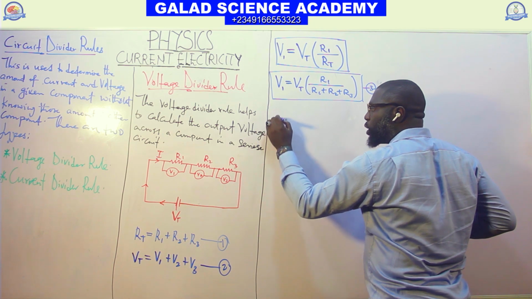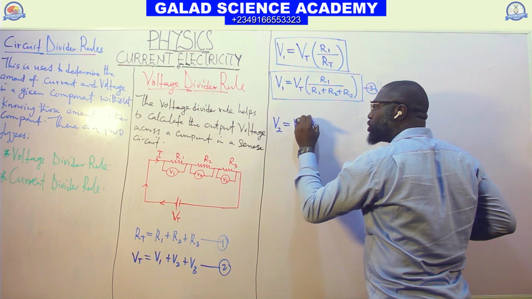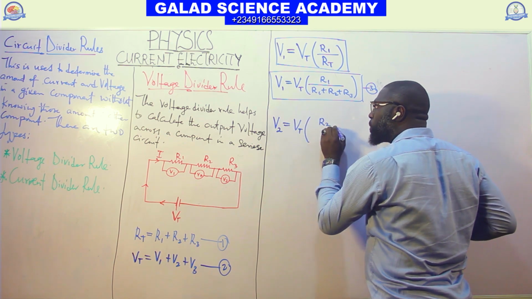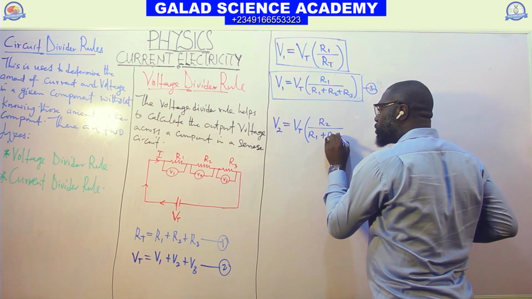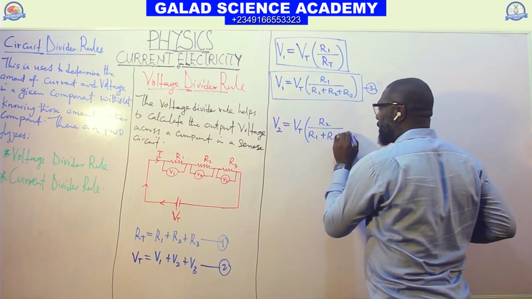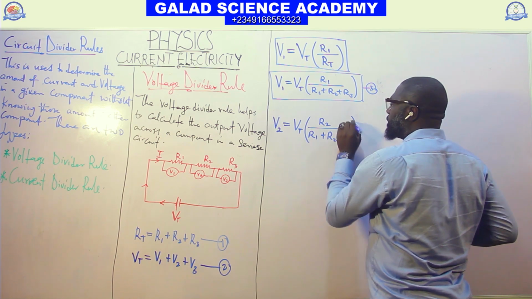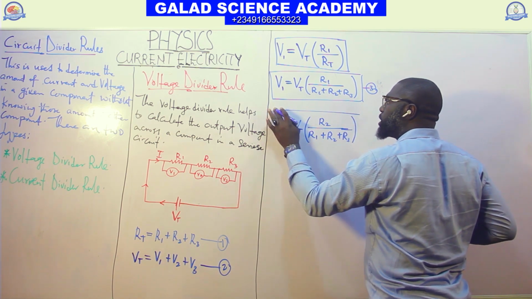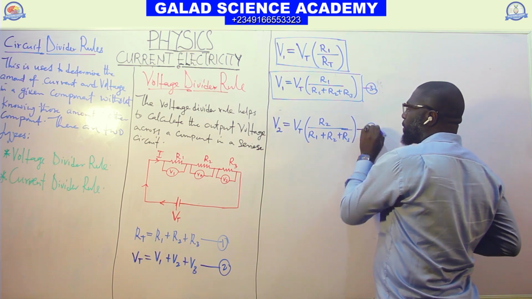If we are looking for the voltage drop at R2, the output voltage V2 equals V total times R2 over R1 plus R2 plus R3. This is the formula for it. We call it equation 4.